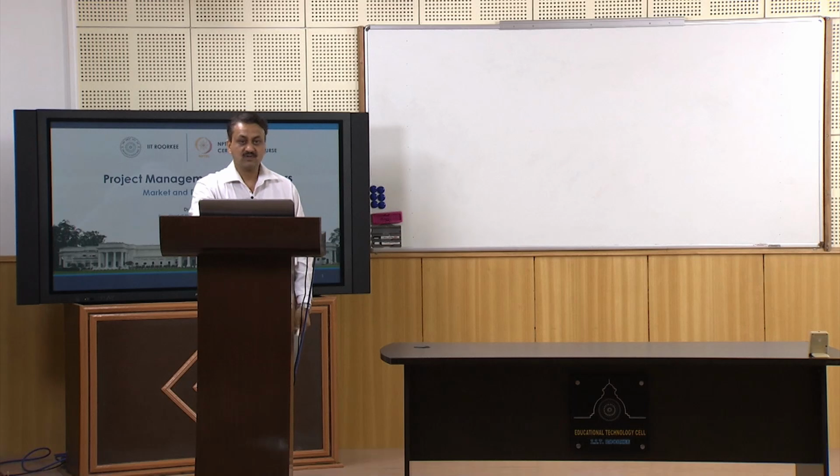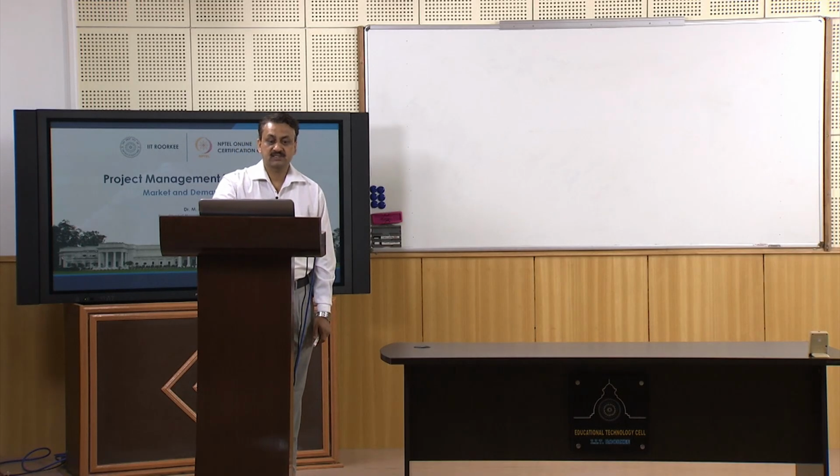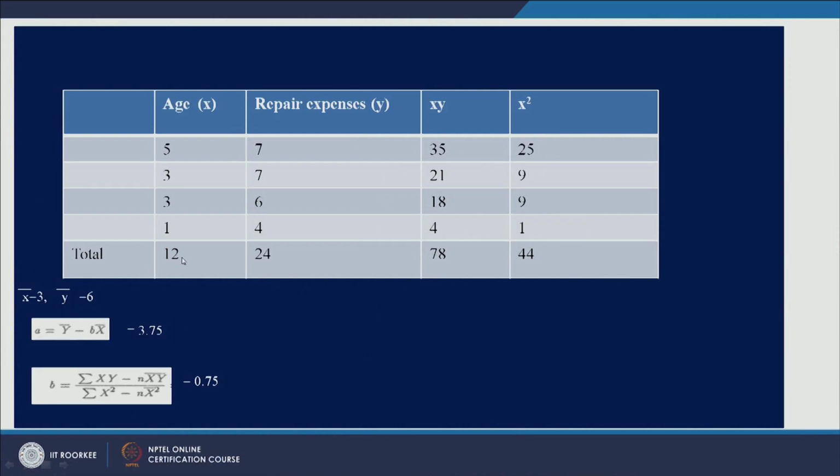How would you proceed? This is basically a very simple question. You just find the x bar value. X bar is nothing but the average of this column. So, this is 12 and the average is 3, that is 12 by 4, because the sample size n is 4.